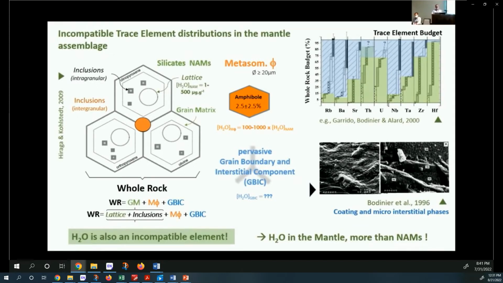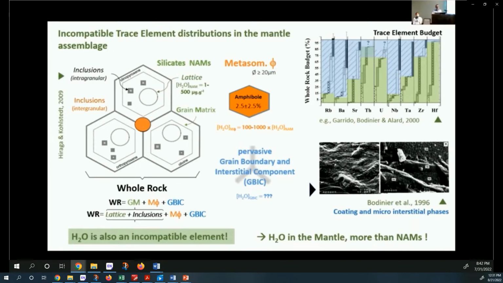And as we are here, let's also step back again and reflect on the distribution of trace elements in the mantle assemblage. It's a long time that we know that the lattice of the main silicates, the NAMs, are not hosting all of the budget of trace elements in the mantle.